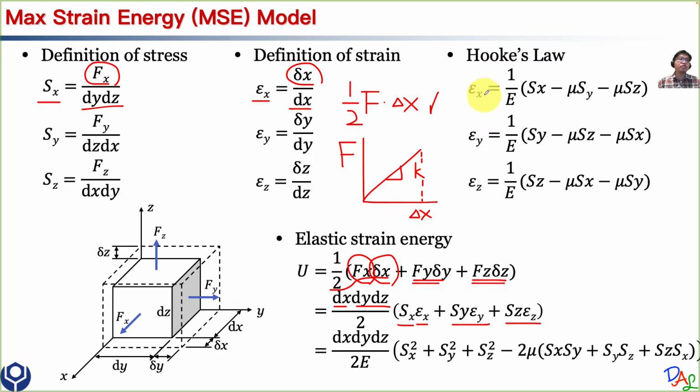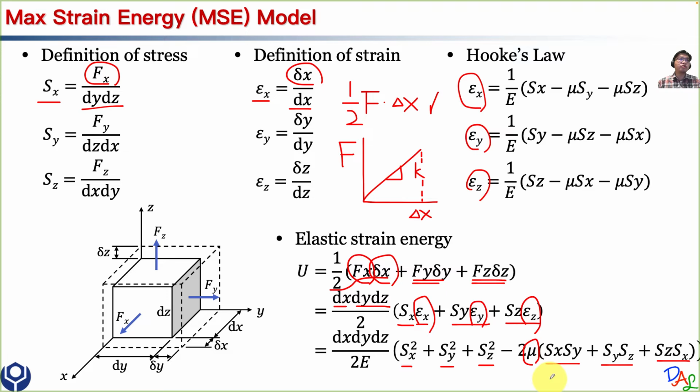Then we will apply Hooke's law and replace the epsilons. Once we do that, all we have at the end are functions of sx, sy, and sz, as you can see right here, and of course there's a Poisson's ratio right here.